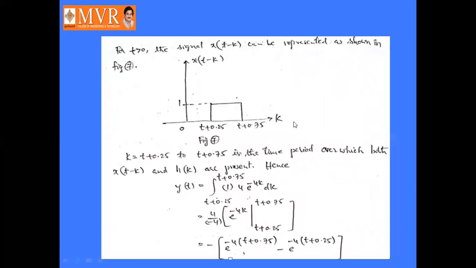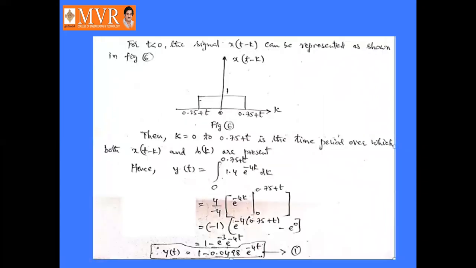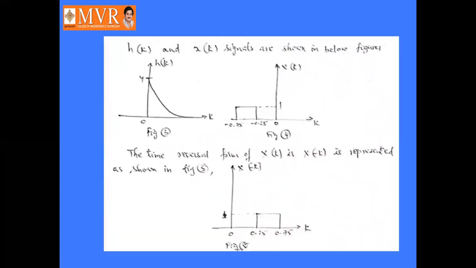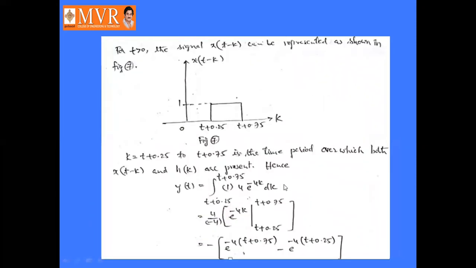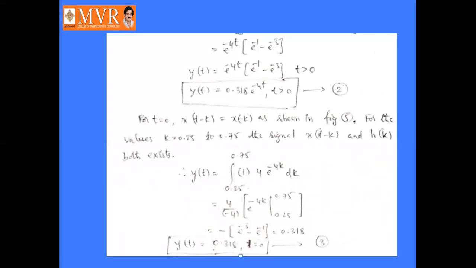So x of minus k is as shown in figure 5. It is the mirror image, the reflection, of x of k, which was shown like this. For the values k equal to 0.25 to 0.75, the signals x of t minus k and h of k both exist.